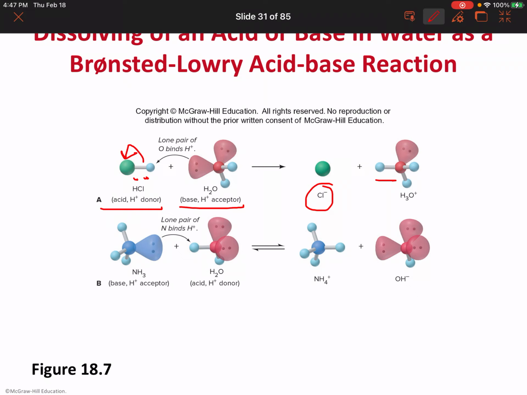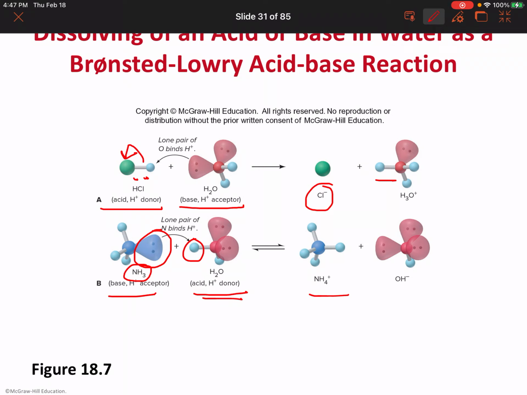Another example. Here you have ammonia and water. Now ammonia has a lone pair. Ammonia's lone pair takes up a hydrogen from the water molecule and forms NH4 plus. Now here the base is ammonia, the proton acceptor, and water here is the proton donor.